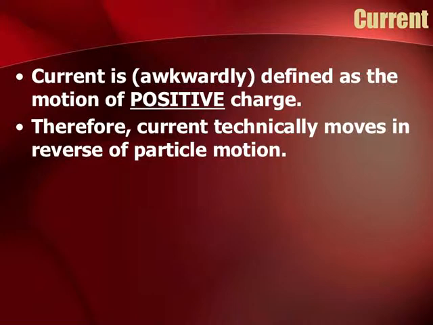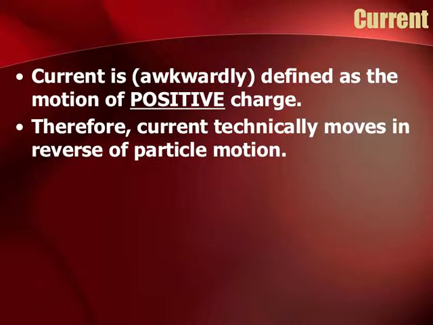A lot of people say, oh, lightning moves from the ground up. Well, technically, current is from the ground up because it's the direction of positive motion, and the ground is positively charged. So that would technically be right, but we know that particles are moving down.